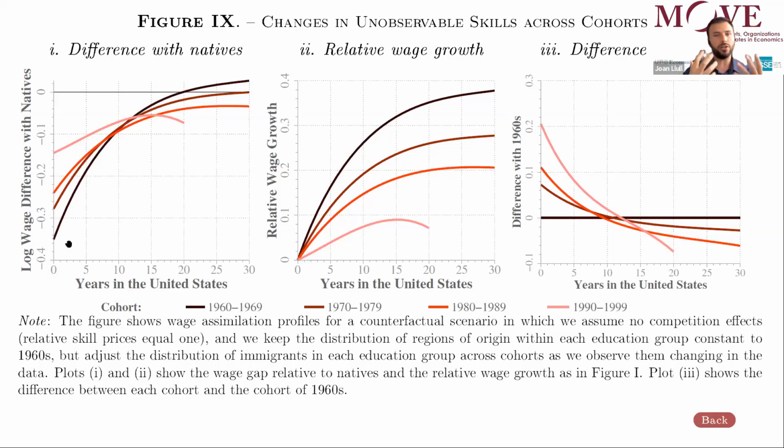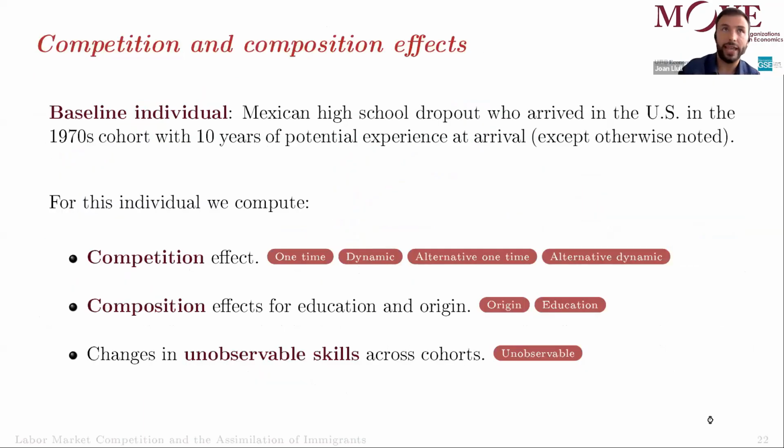But because there are decreasing returns to the accumulation of skills, their convergence pattern is slower. At the end, guys like this tend to more or less converge to the wages of natives, up to a 5 or 6% differential. That would be the first main takeaway.